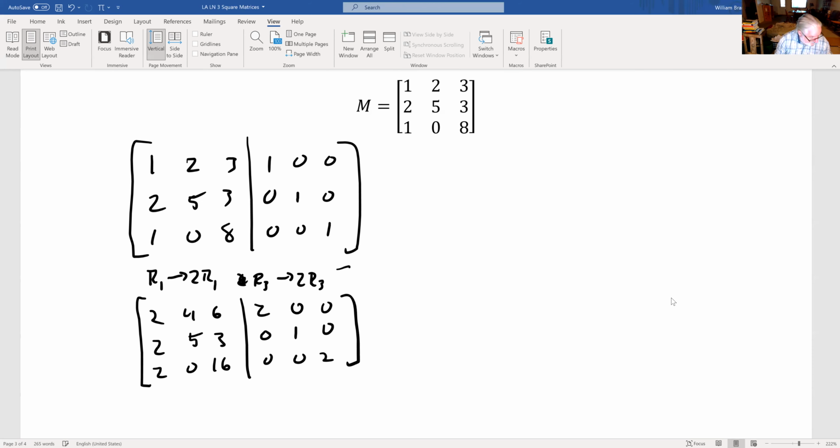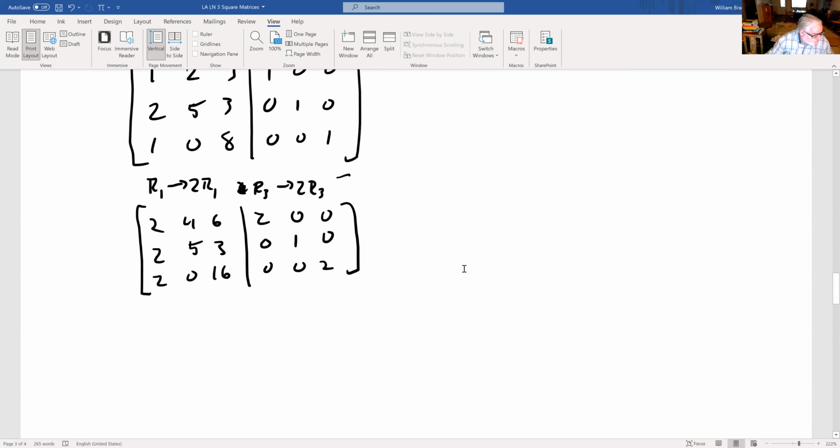And so there is my new matrix. And then I'm going to get rid of the 2s in this column. And then I'll divide through again for row 1.